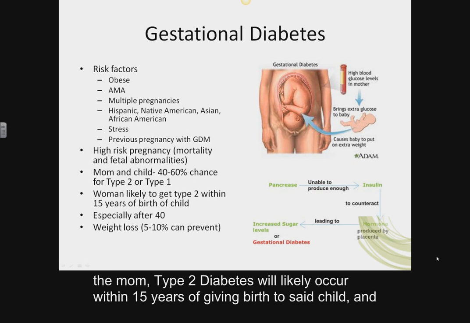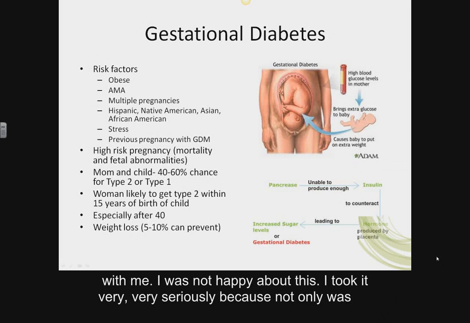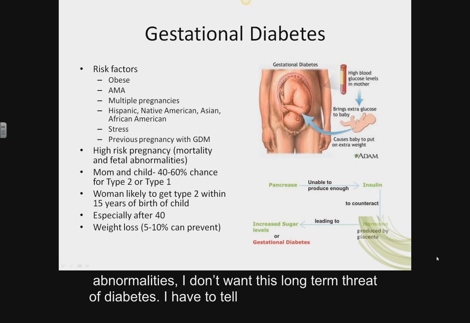And for the mom, type 2 diabetes will likely occur within 15 years of giving birth to said child, and especially once she's over 40. So I don't like these odds, not at all." This did not sit well with me. I was not happy about this. I took it very, very seriously because not only was I at risk for hypertension and preeclampsia, and my baby was at risk for fetal abnormalities, I don't want this long-term threat of diabetes.